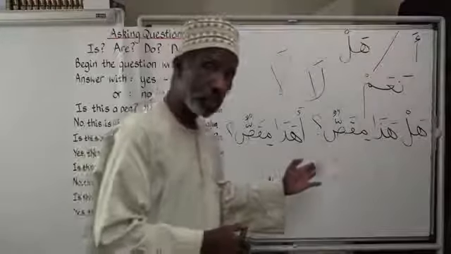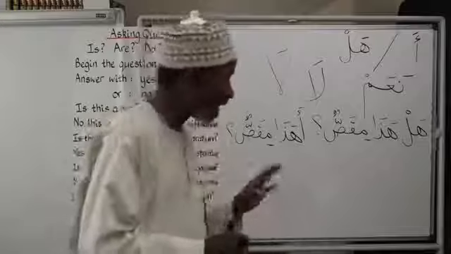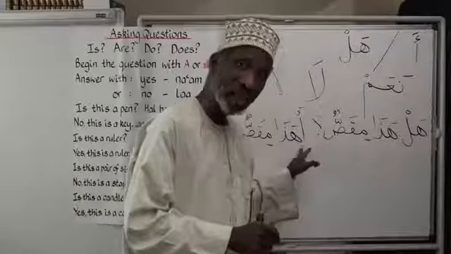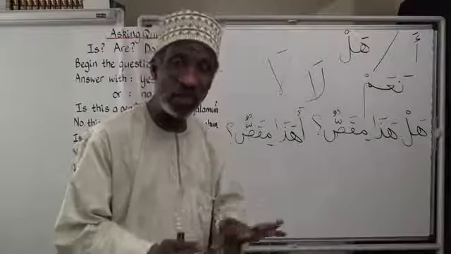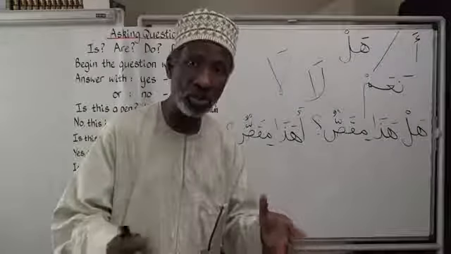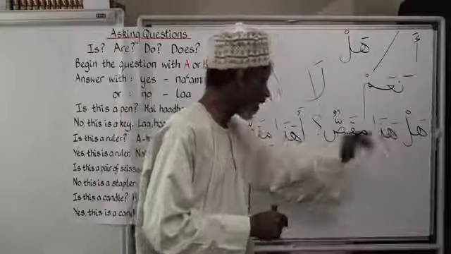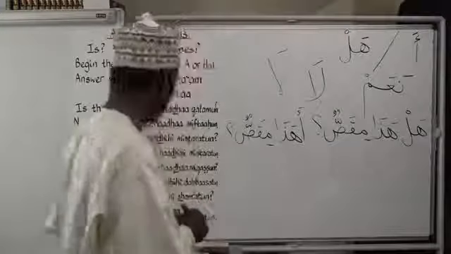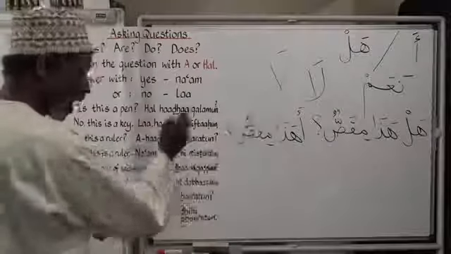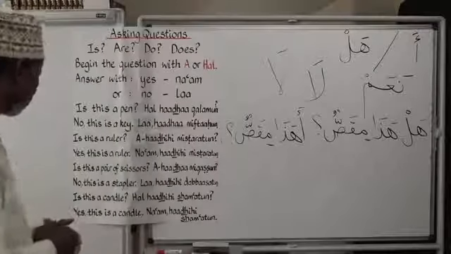So it's the same. As I say, later on you will learn a little bit more about the nature of Hal and Hamza. There are differences, but for now we use them interchangeably to make sure that you understand what we're saying. هل هذا is the same as أهذا مقص. Make life easy for everybody.